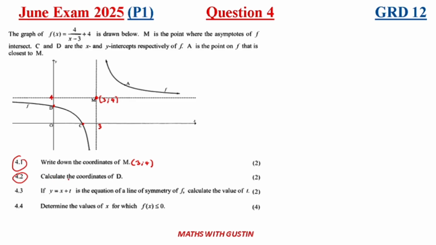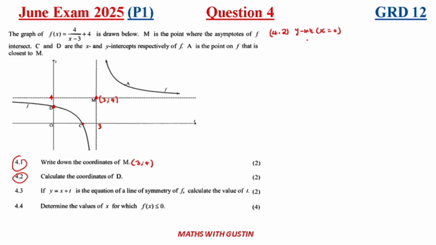4.2, calculate the coordinates of D. The coordinates of D are right here. It's the y-intercept on the graph. So 4.2 is going to be given by our y-intercept. We get the y-intercept when x is equal to 0.